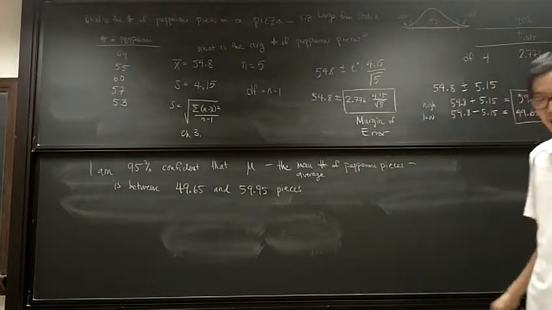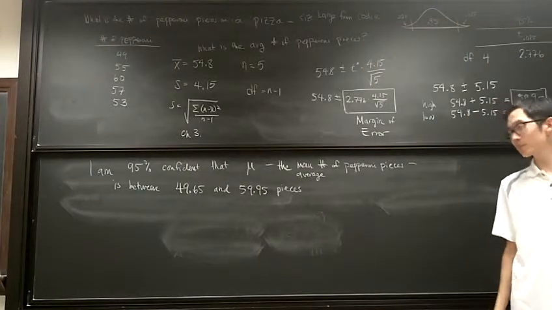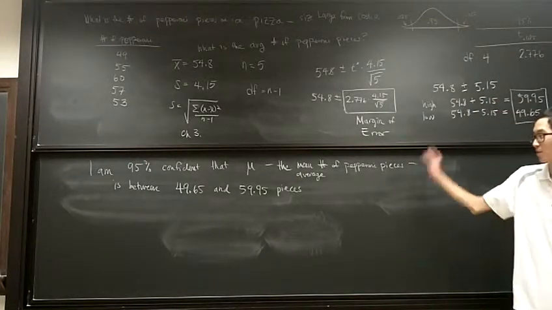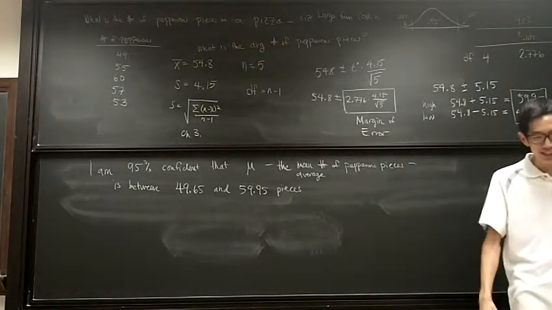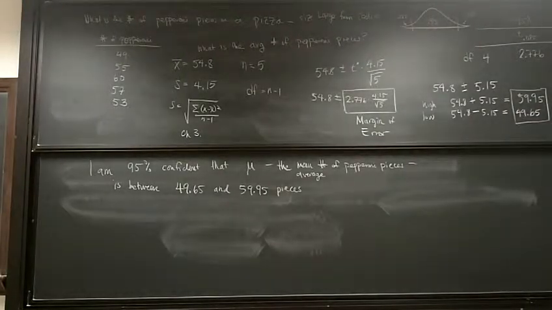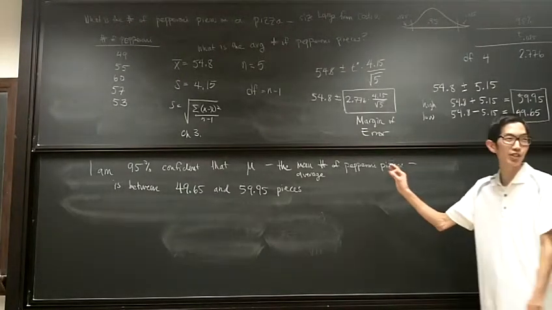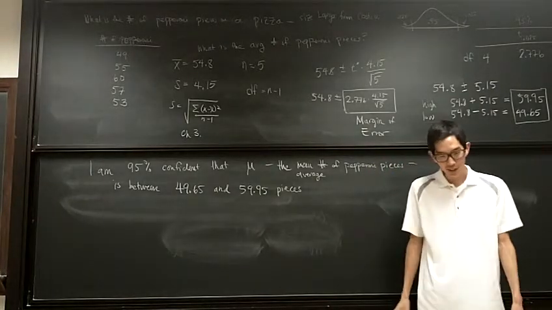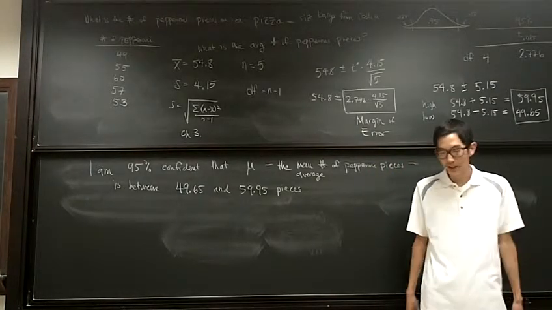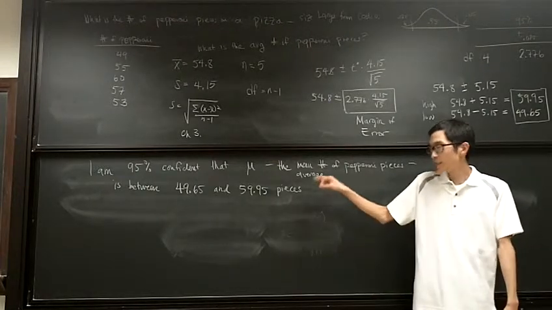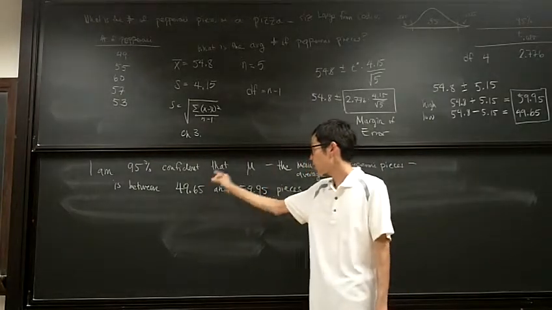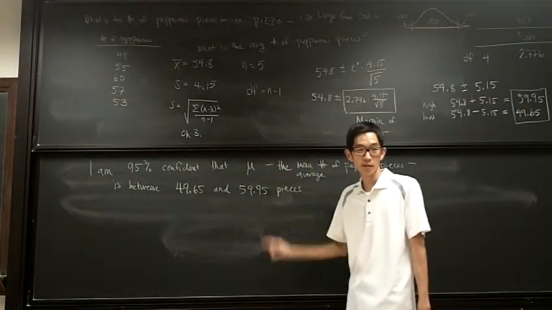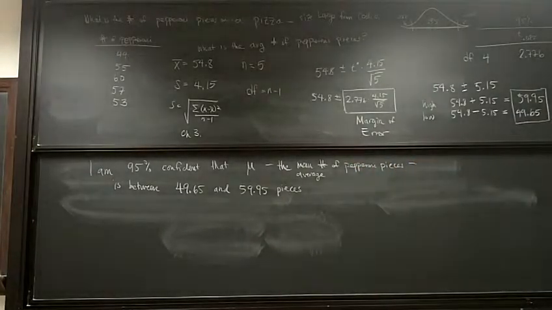If I found all pizzas ever from Costco, or whatever brand we're talking about, I have a feeling Costco puts way more pepperoni on, just from my experience. And we found the average number of pepperoni pieces on all the pizzas they've ever made, we're 95% confident that average is between 49.65 and 59.95. Okay? So it's a confidence interval about mu.